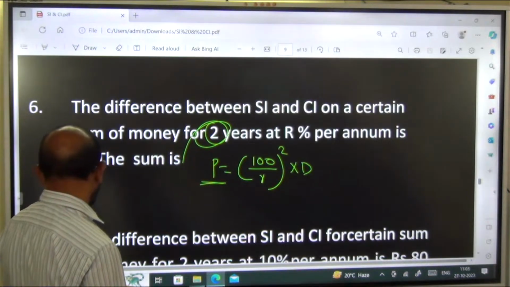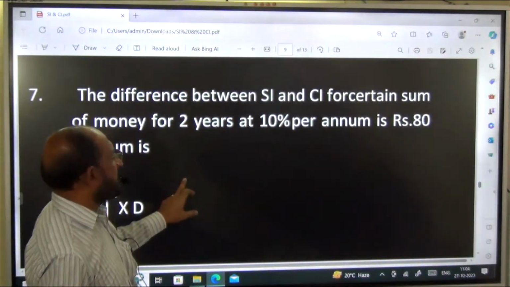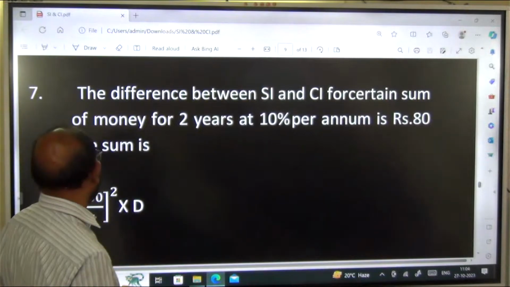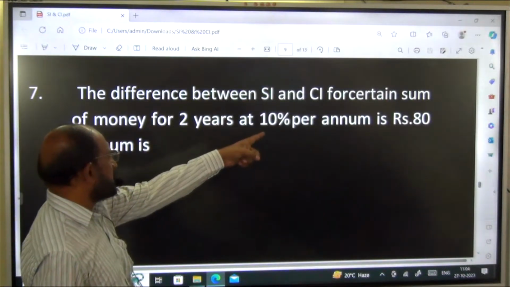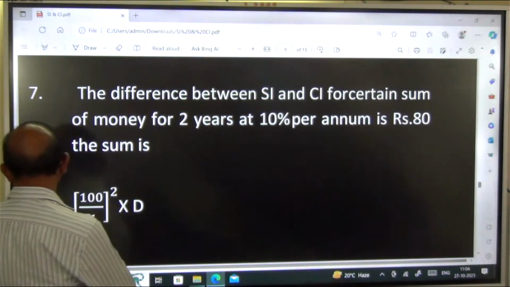Okay, we'll check that. The difference between the SI and CI for a certain sum for 2 years at 10% is 80 rupees. The sum is nothing but the principal.